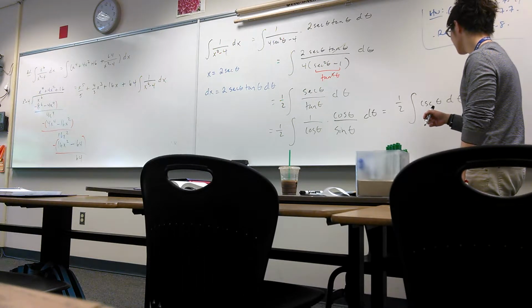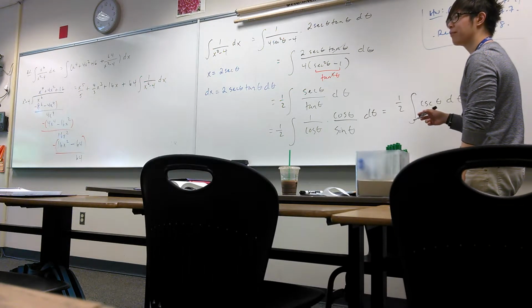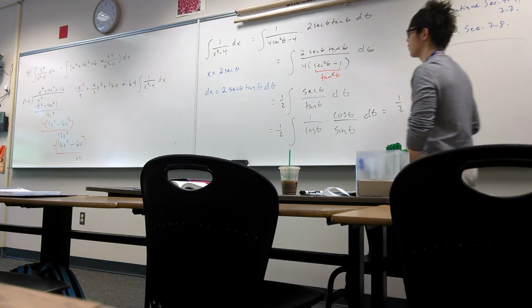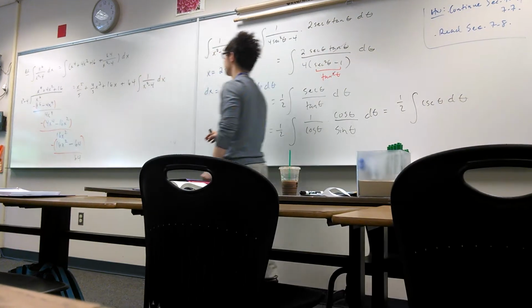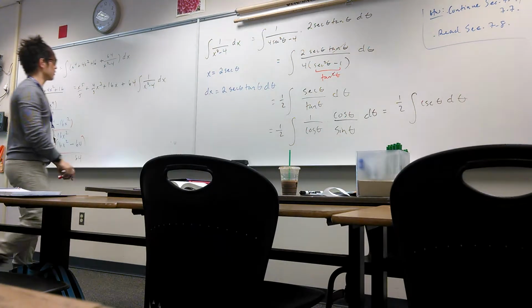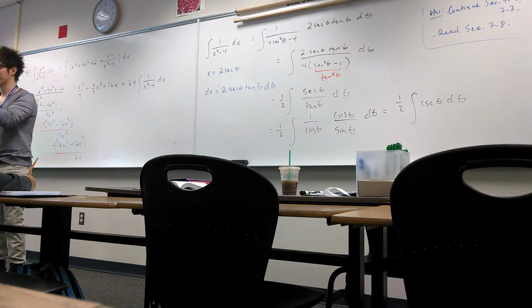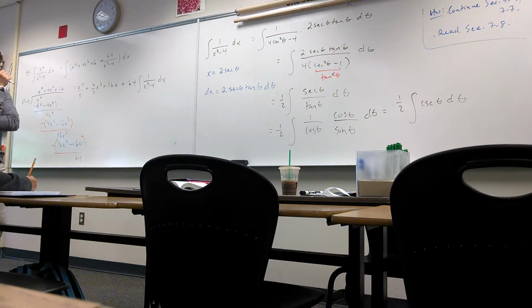So the cosecant, what was secant? What did we do with secant? Because integrating cosecant is pretty similar. All this for that one little part. How do we integrate cosecant?